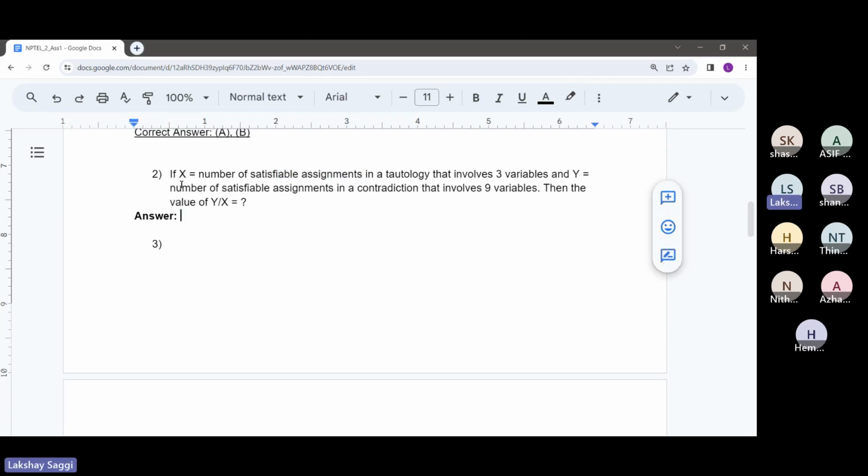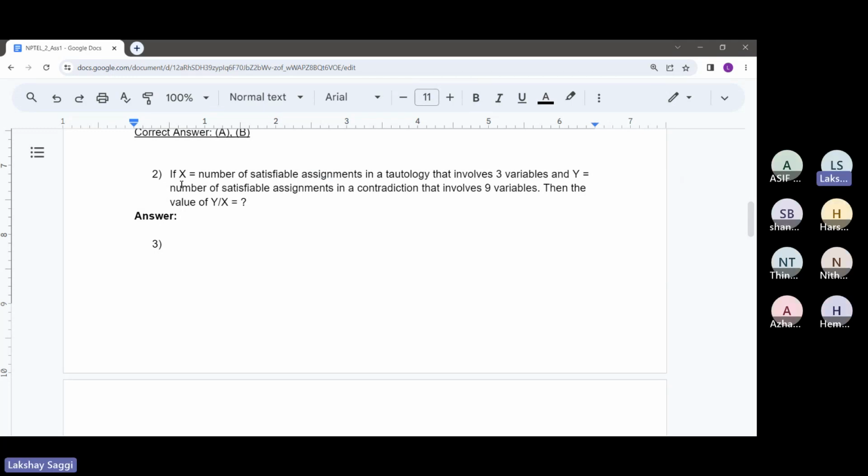Okay, so maybe I'll try to answer. The idea behind this is that let's say we are calculating x. So x is the number of satisfiable assignments in a tautology that involves three variables. A tautology is something which is always true, right?